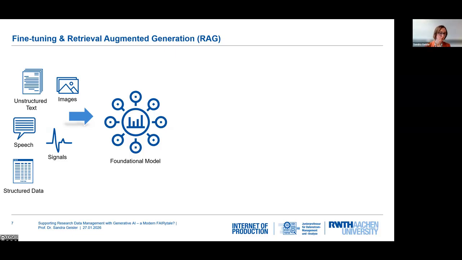They are trained on very large amounts of different data, maybe images, maybe text, and so on. Parameters, weights, are learned to represent the model.